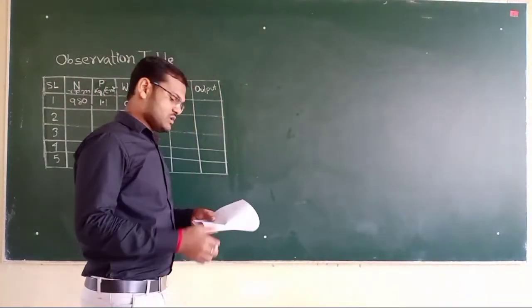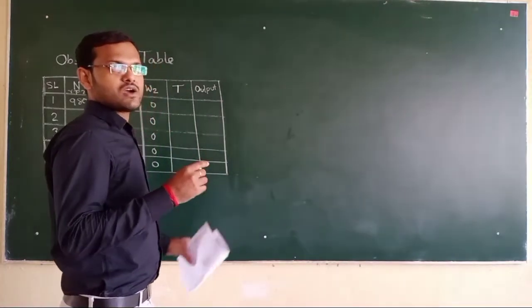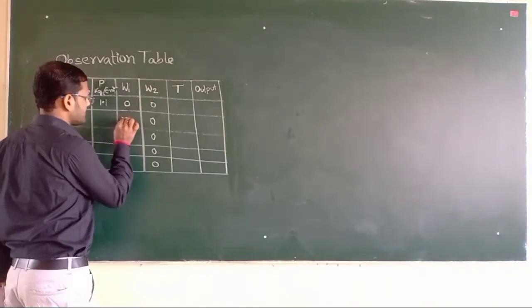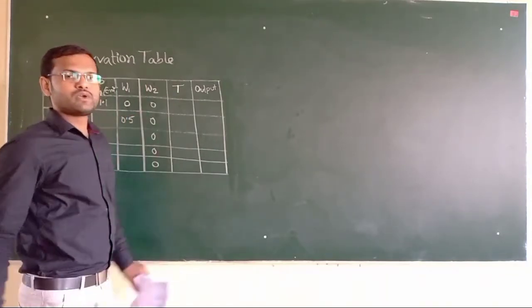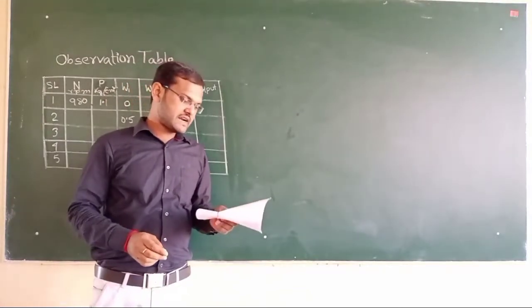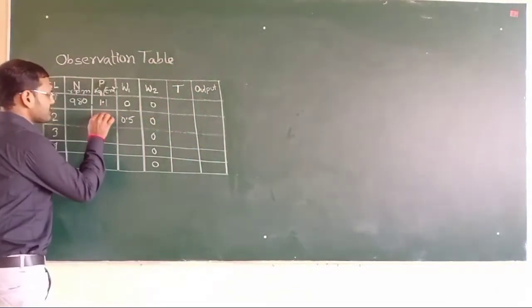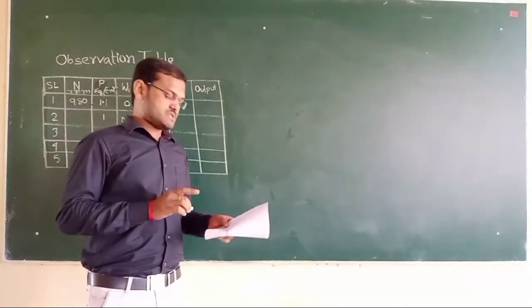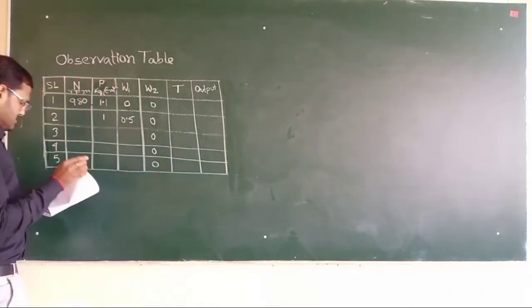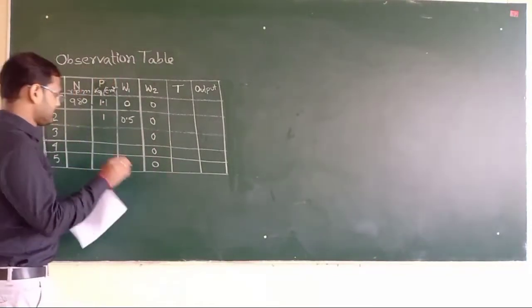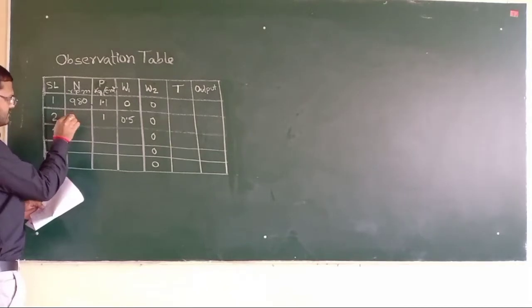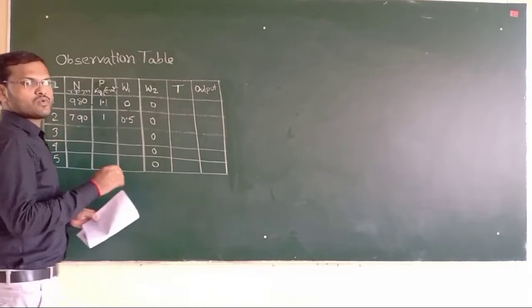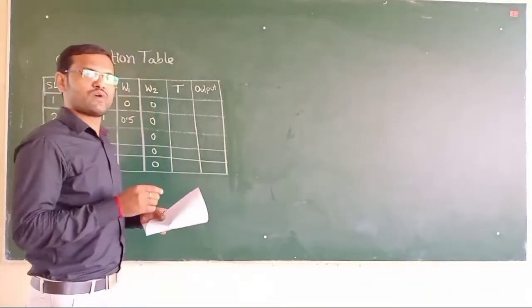When we load the half kg or 0.5 kg, then we found the pressure gauge reading is 1 and the RPM of main shaft is 790.